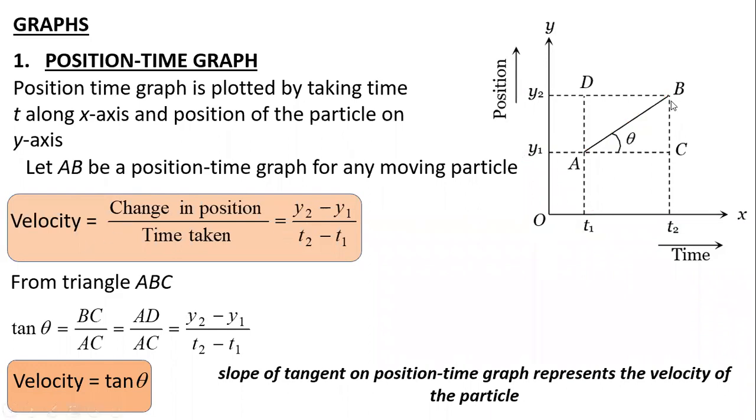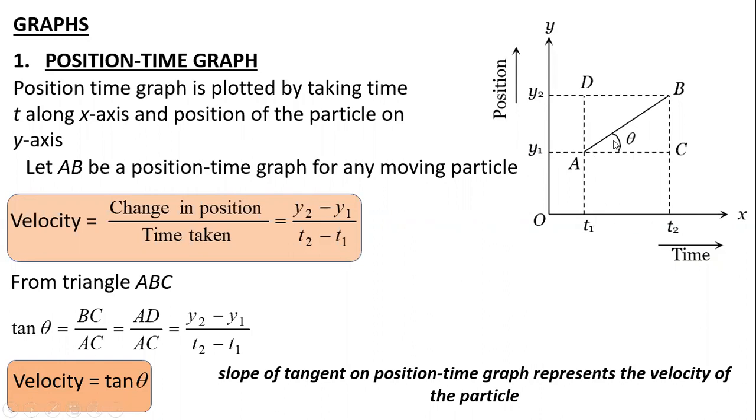So in a right angle triangle, when I apply the tan ratio, it is related to opposite by adjacent side. That will be BC by AC, and BC was equal to AD, so I will get AD by AC. In the graph, AD is the gap, y2 minus y1, the change in position, and AC was the change in time.